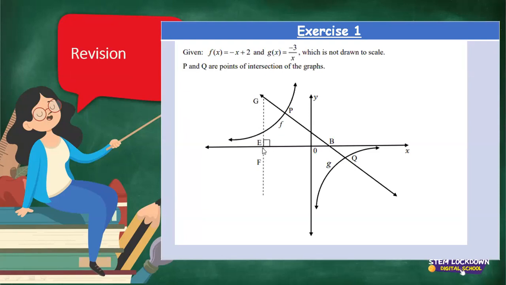Calculate the length of GE, if point E equals -6 and 0. Okay, so what is the length of this GE?